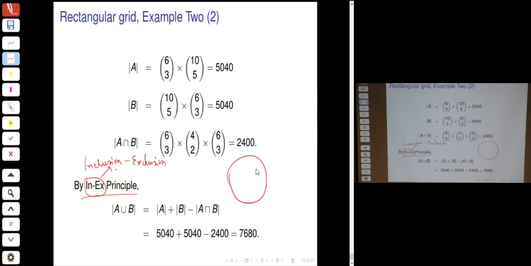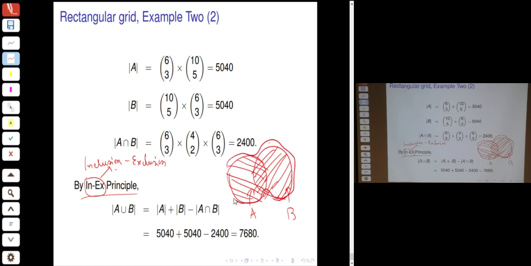Well, it means the following, that if your set A is this one, and if your set B is the other one, okay, then A union B is all the possibilities in the shaded region, and you can write the size of A union B.